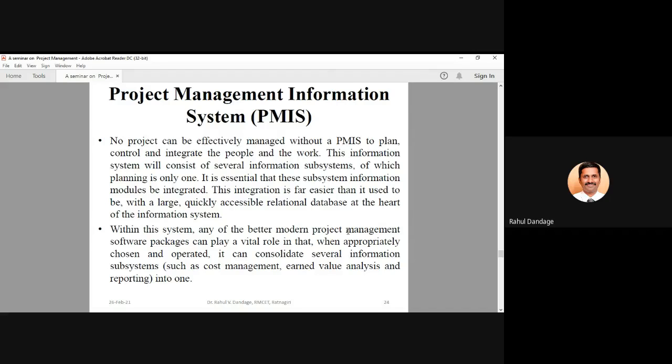Within this system, any of the better modern project management software packages can play a vital role. When appropriately chosen and operated, it can consolidate several information subsystems like cost management, earned value analysis, and reporting into one.